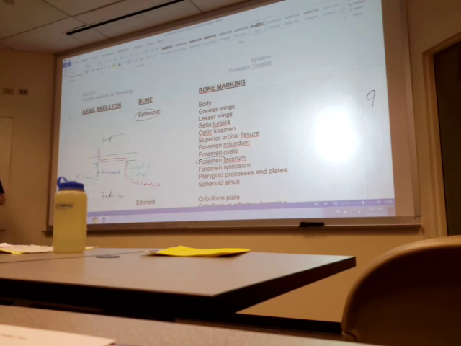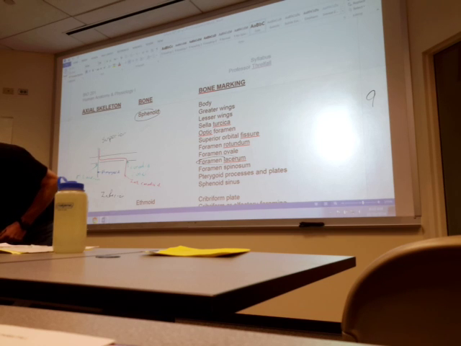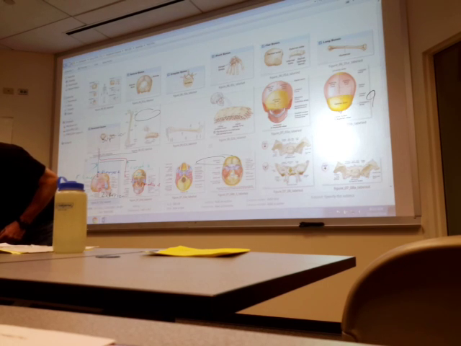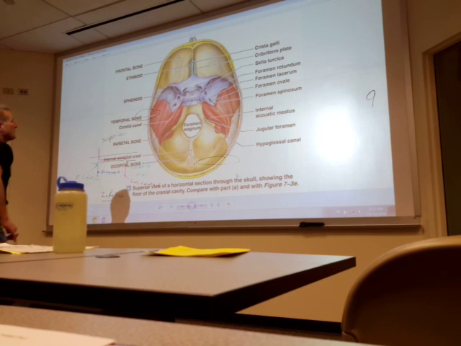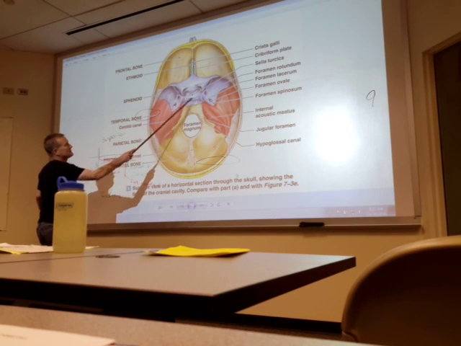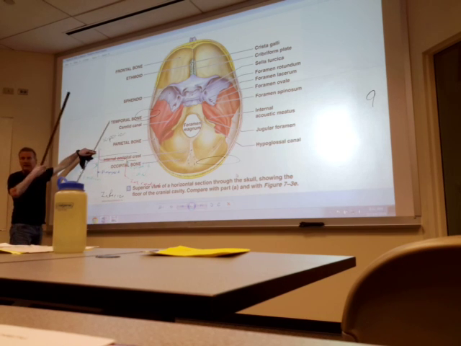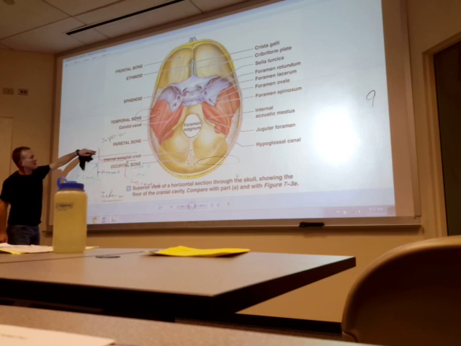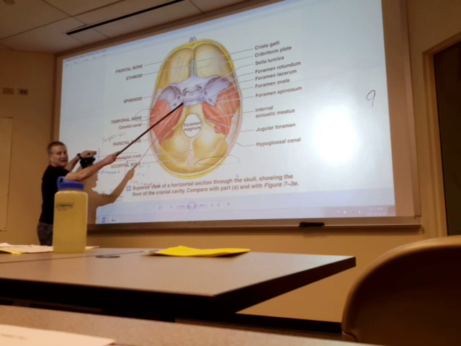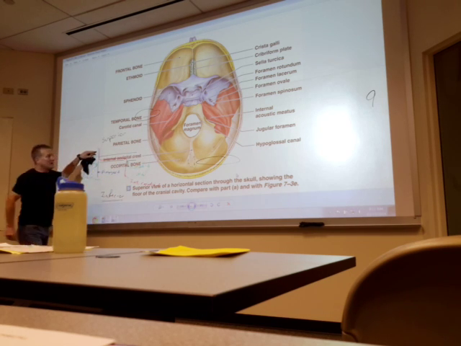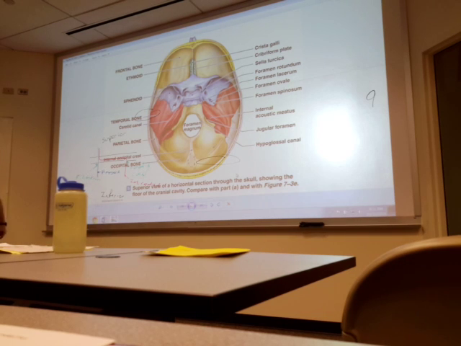So if you're looking in the skull, at the top, right here, where foramen lacerum is shown, you're going to see two vessels coming up through it. And so when we memorize what goes through the holes, we associate the pharyngeal artery and the internal carotid artery with the foramen lacerum.